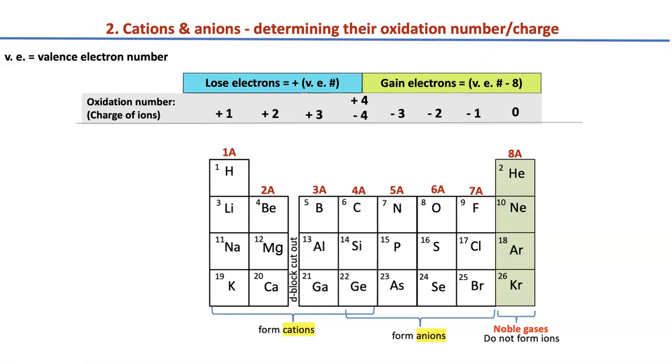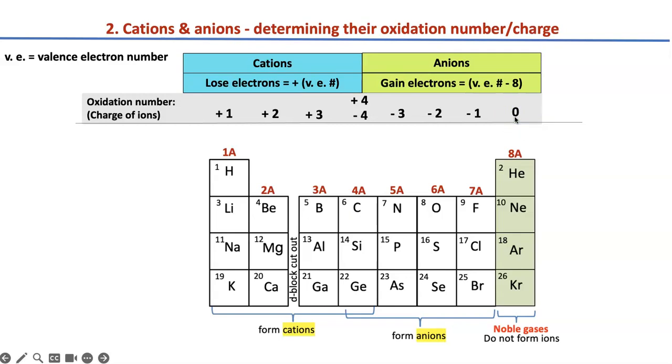They gain electrons, and their charge is equal to the valence electron number minus 8. For example, 4 minus 8 is -4, right? And this one, 5 minus 8 is -3. 6 minus 8 is -2. And 7 minus 8 is -1. And 8 minus 8 is 0.